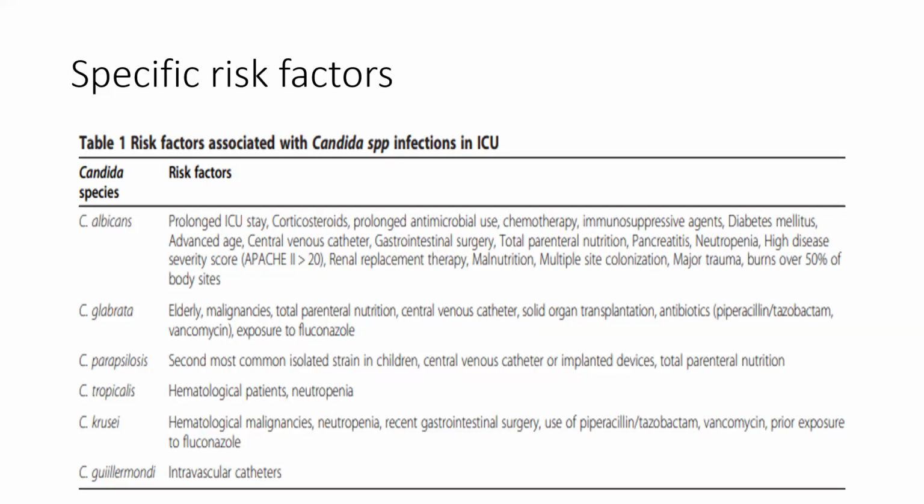For Candida tropicalis: hematological patients, neutropenia. Candida krusei: hematological malignancy, neutropenia, recent GI surgery, use of piperacillin-tazobactam, vancomycin, prior exposure to fluconazole. Then Candida guilliermondii: any intravascular catheter is the risk.